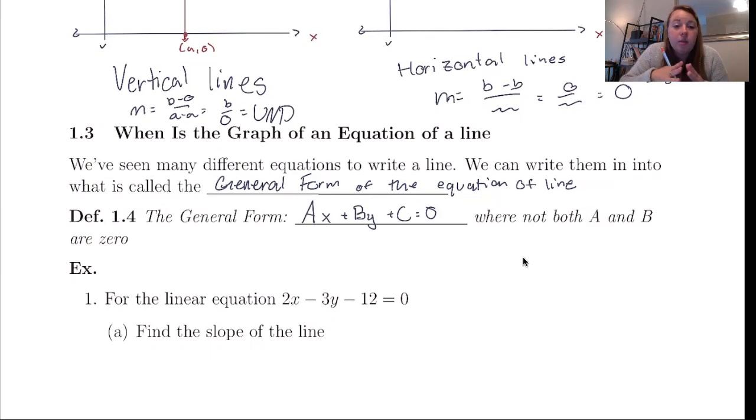The useful thing about general form is I can also express horizontal and vertical lines in this form. I can't express vertical lines in slope-intercept form or point-slope form because there is no defined slope. So general form comes in and says, I got y'all. Just put everything on one side, make it equal to 0, call it general form. This is the third form that you'll need to know.